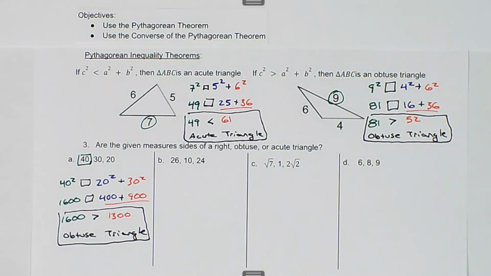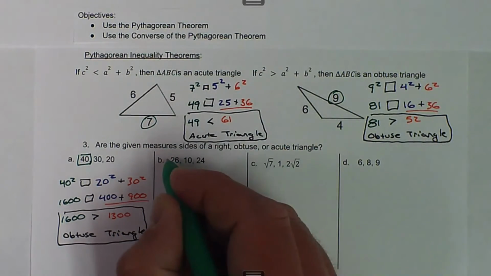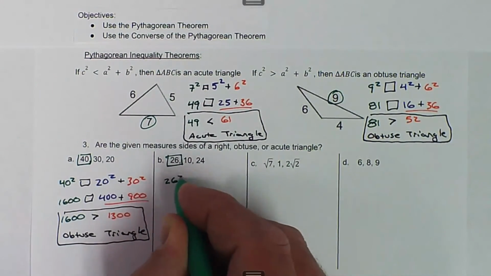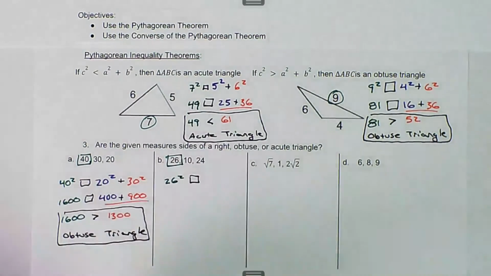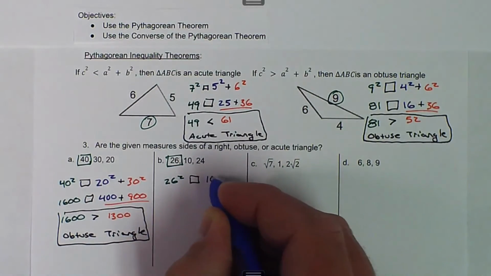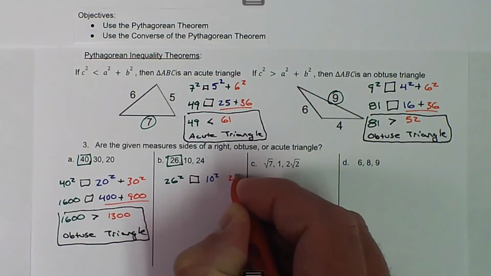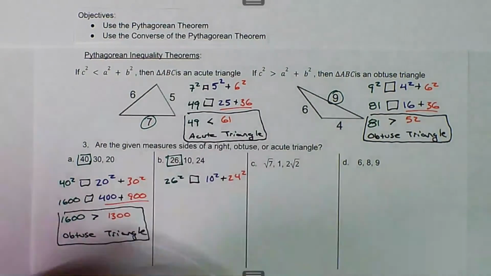Check the next one. Again, we want to find the hypotenuse. So the longest side would have to be the hypotenuse if it existed. So we're going to check 26 squared, and how that is related to the sum of the squares of the two other sides. And we're going to add these together.